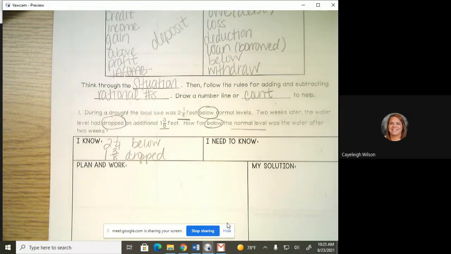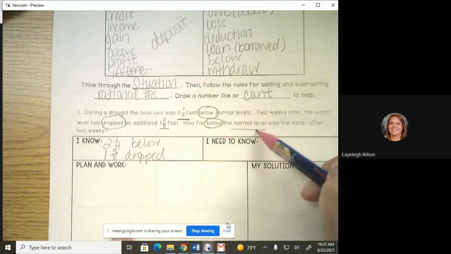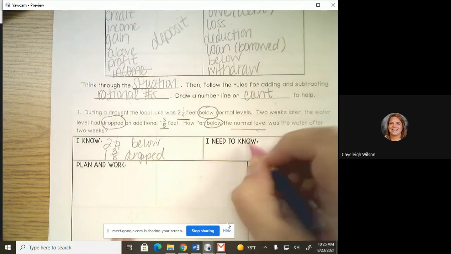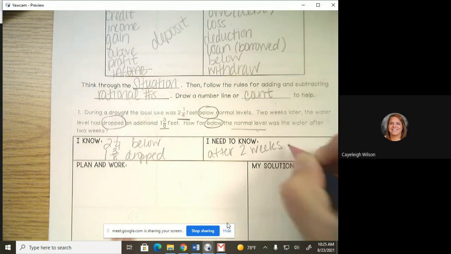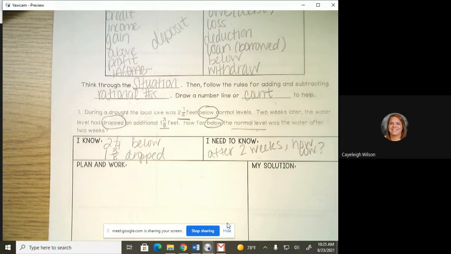And then what I need to know is how far below the normal level was the water after the 2 weeks. So after 2 weeks, how low? All right, so does anybody have any ideas on what I could do to figure out how low the water was below the normal level after 2 weeks?